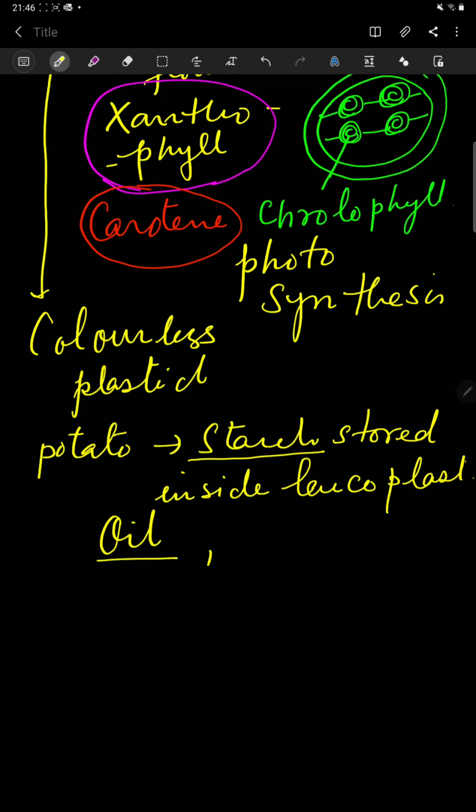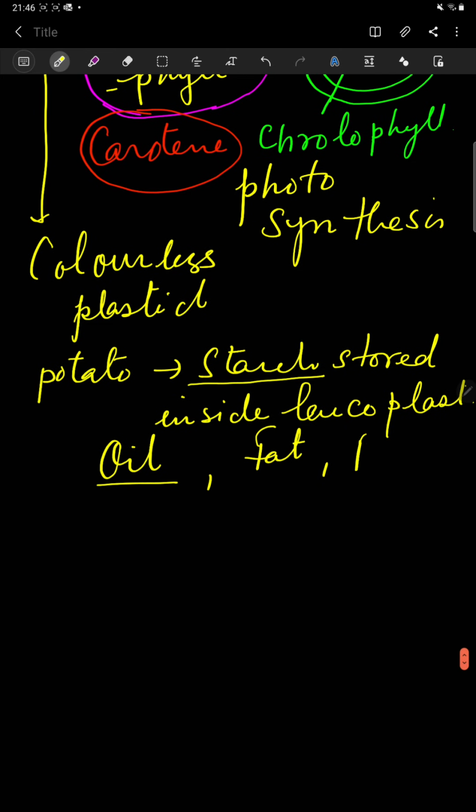In certain ones lipid is stored, oil and lipid being the same thing. Next, along with oil, fat is stored, and in some the protein is stored. So it depends on their types and components, such as seed, or potato, which is a stem.